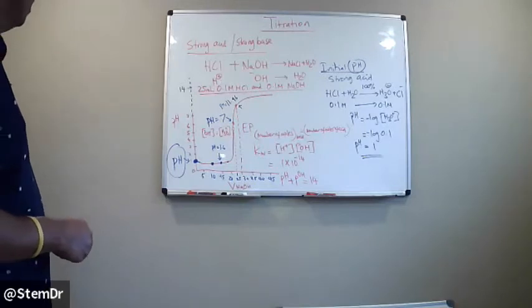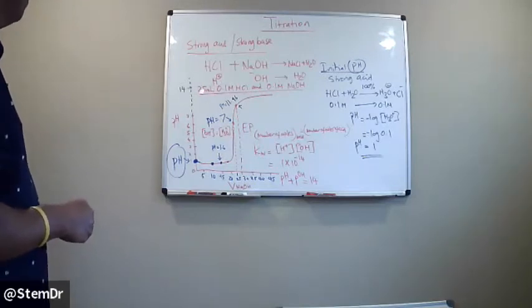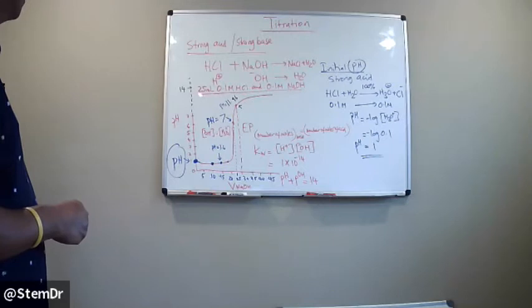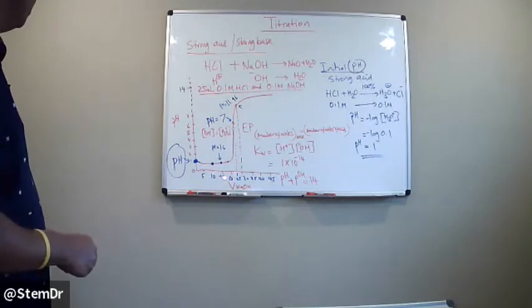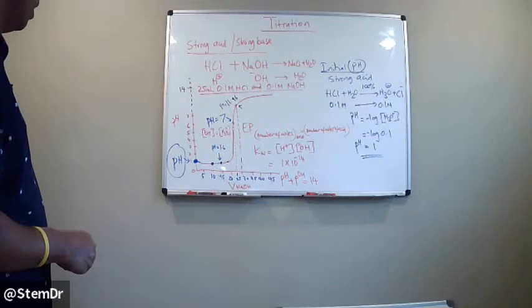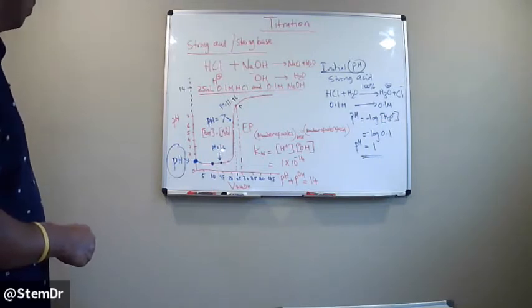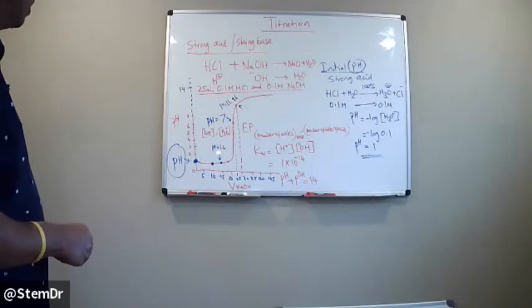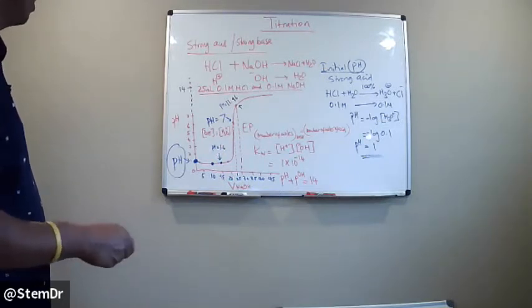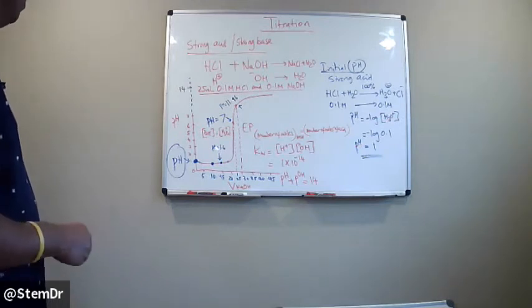That means 1 millimole divided by the volume to get the concentration. I have 25 ml, and to the 25 ml we have added 15, so the volume is 40 ml. So divide 1 millimole by 40 ml. That would give you the concentration of hydrogen, whose pH calculated by this formula would give me 1.6.